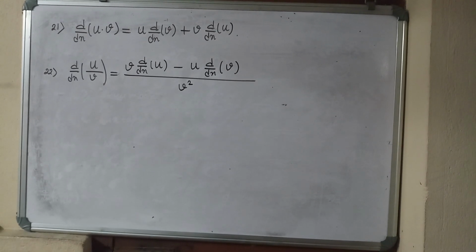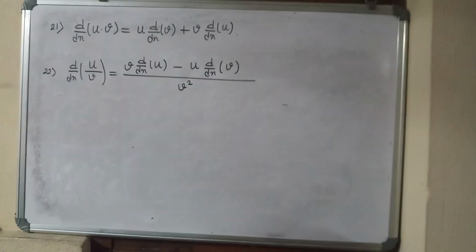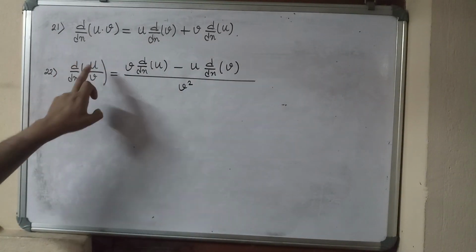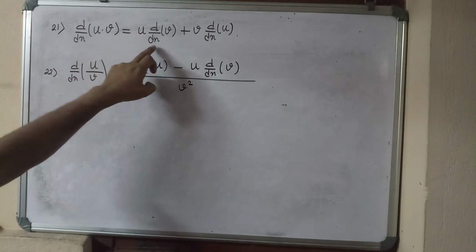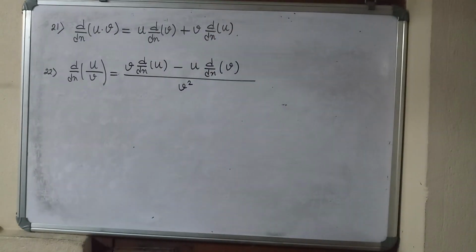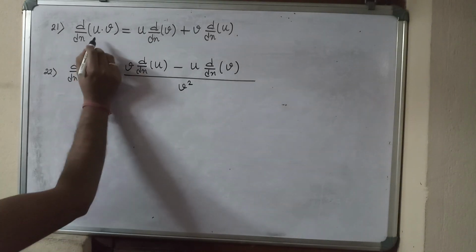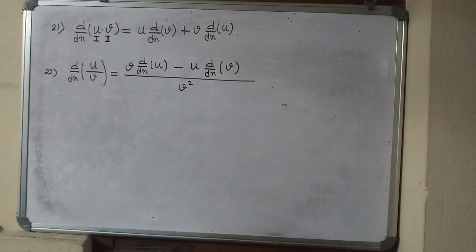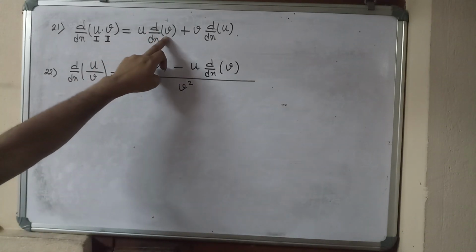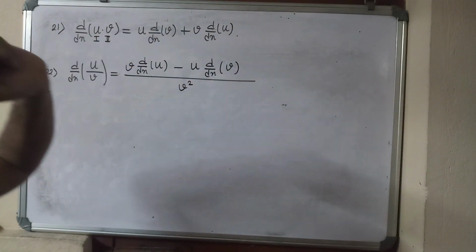Now formula number 21 and 22. Formula number 21 is related to u into v and 22 to u by v. Dy dx of u into v means u dy dx of v plus v dy dx of u, or you can say first into derivative of second plus second into derivative of first.